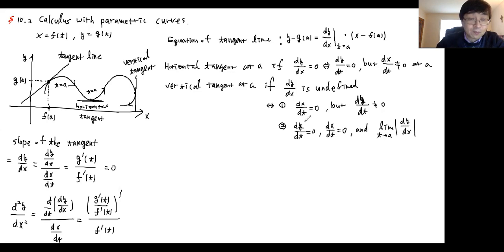What happens to the slope? As t approaches a from one side, the slope of the tangent line is increasing, going to positive infinity.